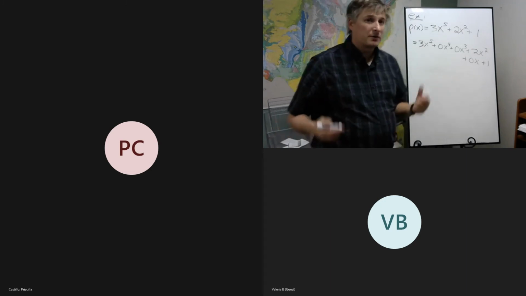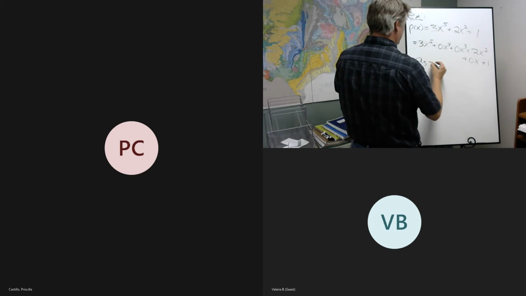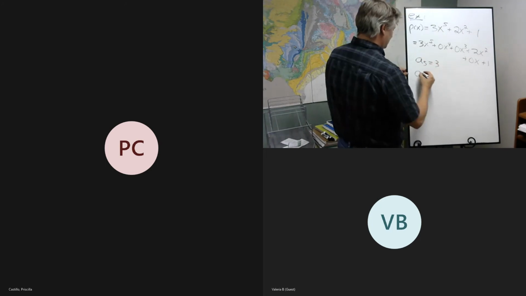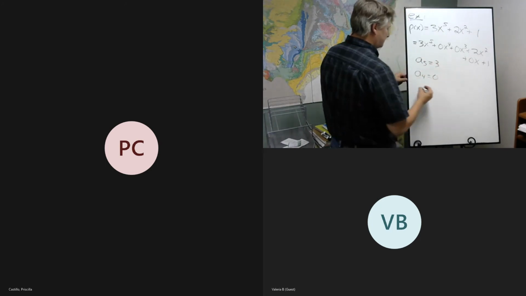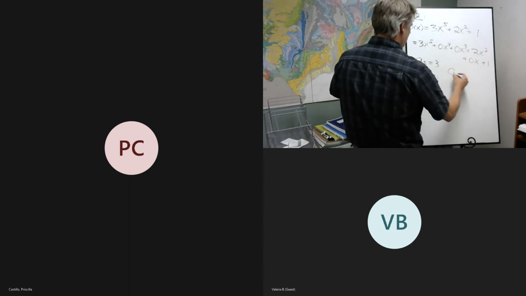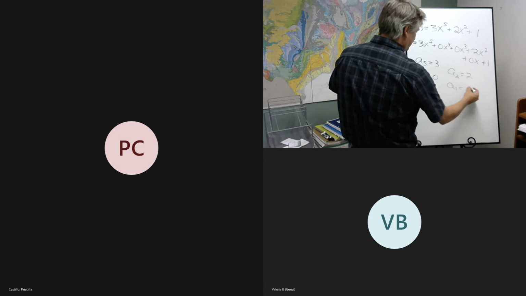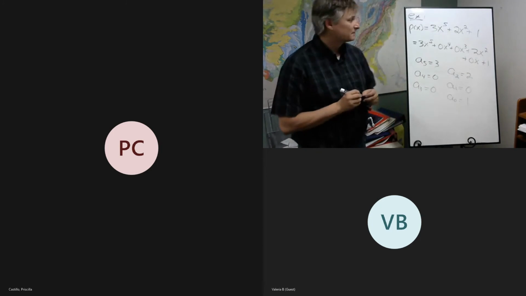So now if we ask, what are the constants? A sub 5 is 3. A sub 4 is 0. A sub 3 is 0. A sub 2 is 2. A sub 1 is 0. A sub 0 is 1.